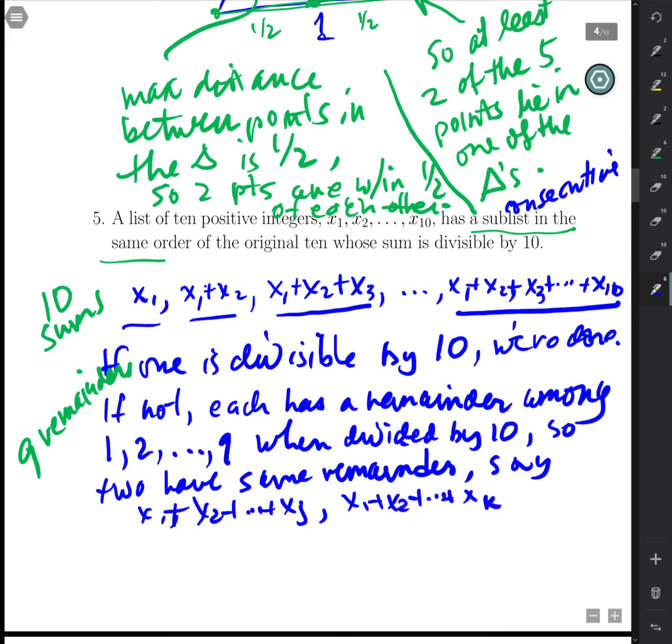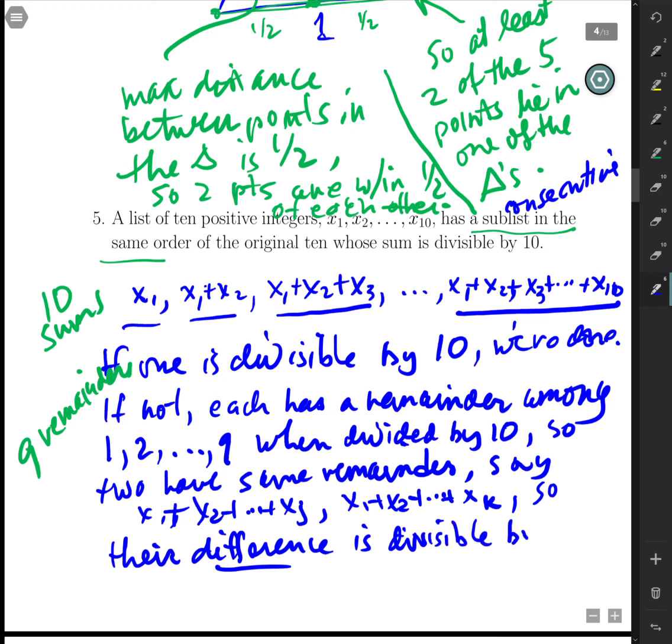through xk have the same remainder, so their difference is divisible by 10. If they have the same remainder, then when you subtract one from the other, the difference will be divisible by 10.